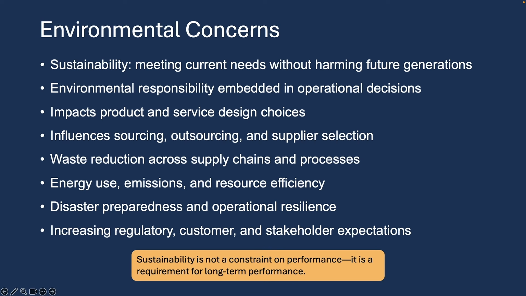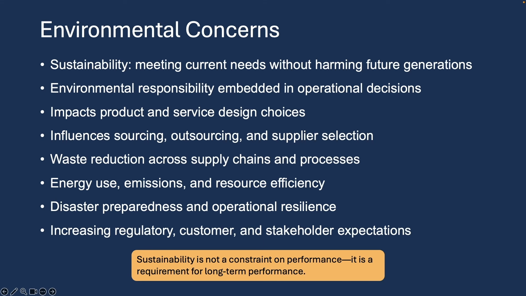Environmental concerns have become a central issue in modern operations management. Sustainability is no longer optional, it's an operational requirement. At its core, sustainability means using resources in a way that does not damage the ecological systems that support long-term human existence.